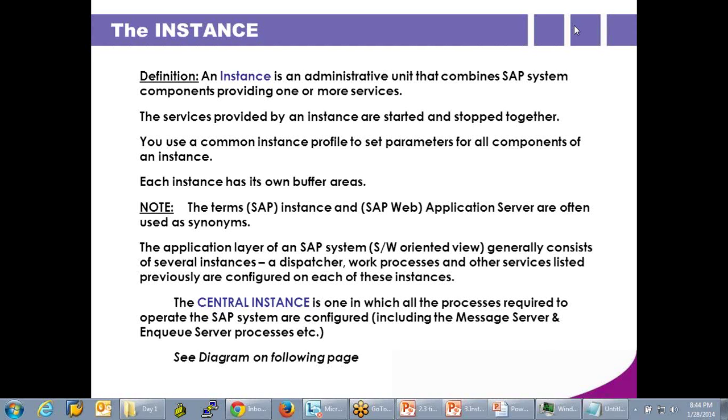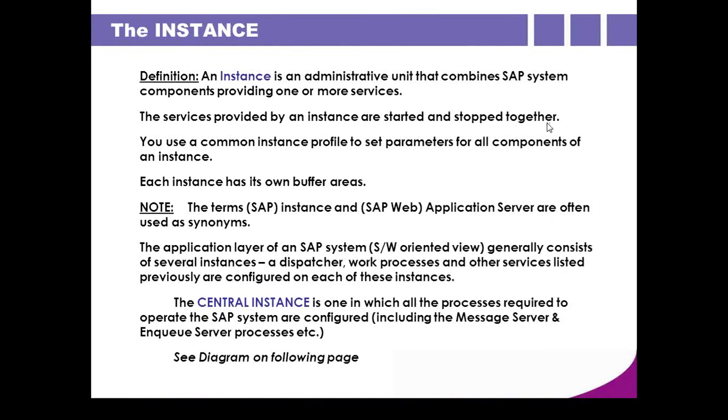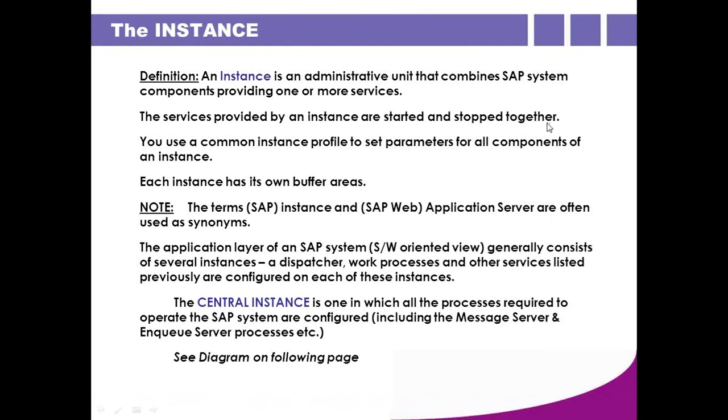Application server is app server, or web AS server or web application server, all are synonyms for the instance. Whatever the word anybody is using, it is nothing but instance. How many web application servers you have, or how many application servers you have, means how many instances you have, nothing but. Okay, don't confuse. These are the synonyms for the instance. And the remaining points, as of now I am skipping, we will see in the next slide.